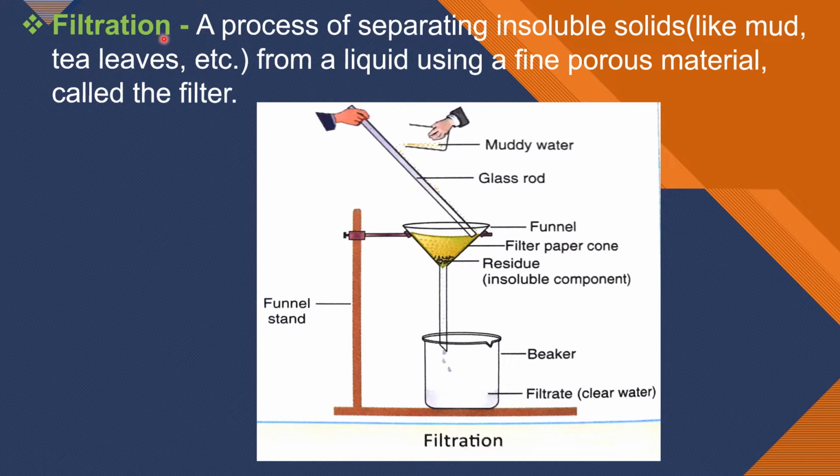Filtration is therefore a process of separating insoluble solids like mud, tea leaves, etc. from a liquid using a fine porous material called the filter. Let us understand the process of filtration with the help of an activity.